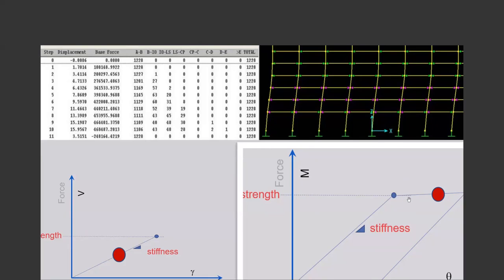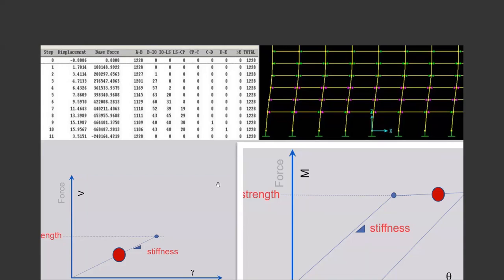Some pass IO. This many, for example, at this stage are between IO to LS. And at this stage, for example, 29 of these deformation control parameters are between life safety to collapse prevention. So very nice information is provided.